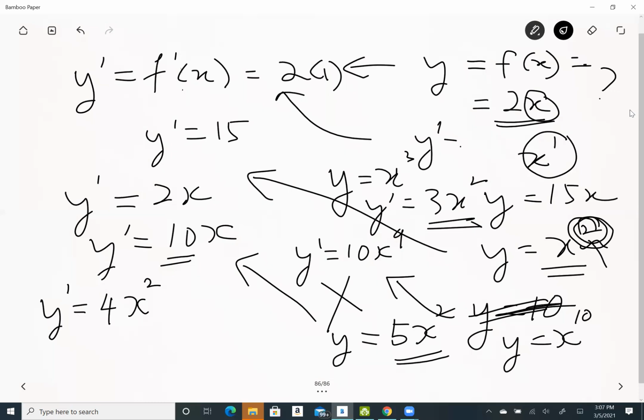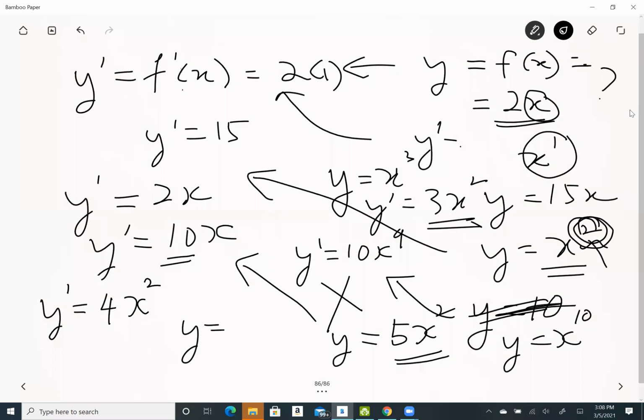But the question is, you have y prime equal to 4x squared. So what is the function? 4/3. So you just do 4/3. Okay, so if you need 4, you don't want the 3.